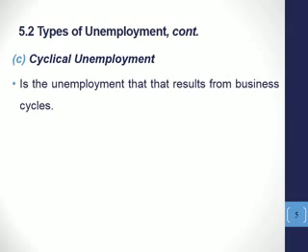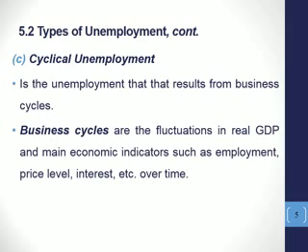So cyclical unemployment is the unemployment that results from business cycles. Business cycles, as we noticed before, are the fluctuations in real GDP and main macroeconomic indicators, such as employment, price level, and interest rates, over time.